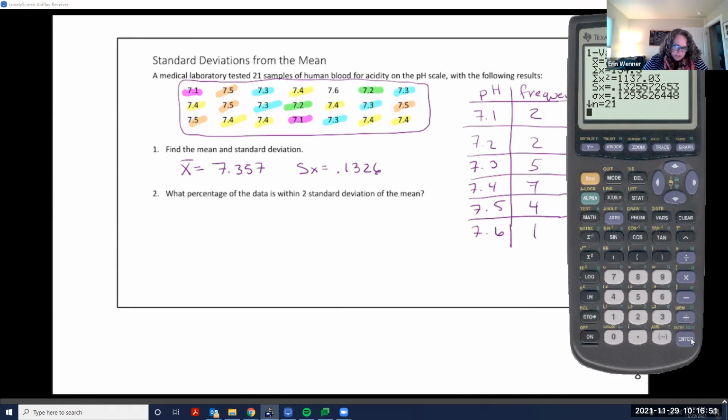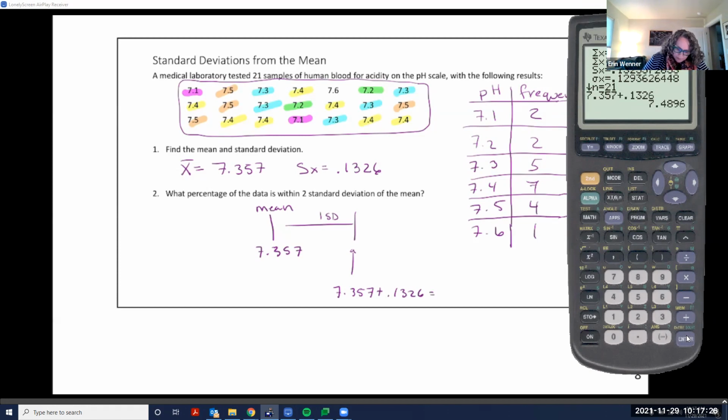It says, what percentage of the data is within 2 standard deviations of the mean? So remember, our mean is 7.357. If I go 1 standard deviation above, that means I'm going to take 7.357 and add to it our standard deviation, giving us 7.4896.